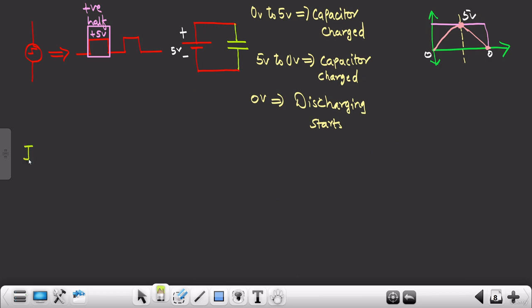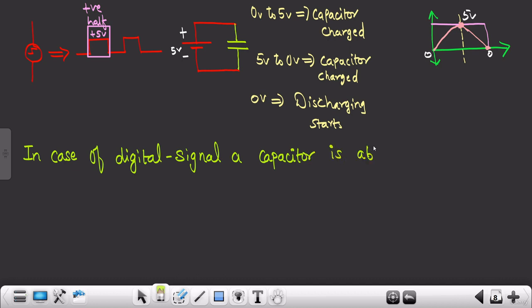So I will write over here, in case of a digital signal, a capacitor is able to hold a charge for a certain instant of time, or for a few seconds, or for a certain time period.